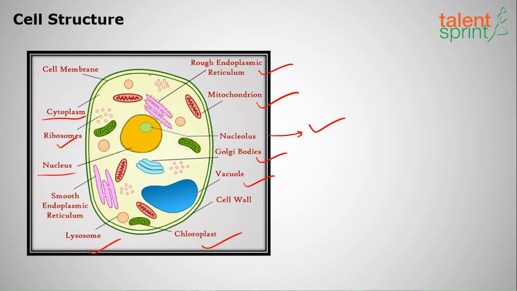The cell is covered by a tough membrane called the cell membrane, and it is further covered by the last one, the cell wall. Generally, the cell wall is present only in plants but not in animals. Every organism has a cell membrane but not a cell wall.